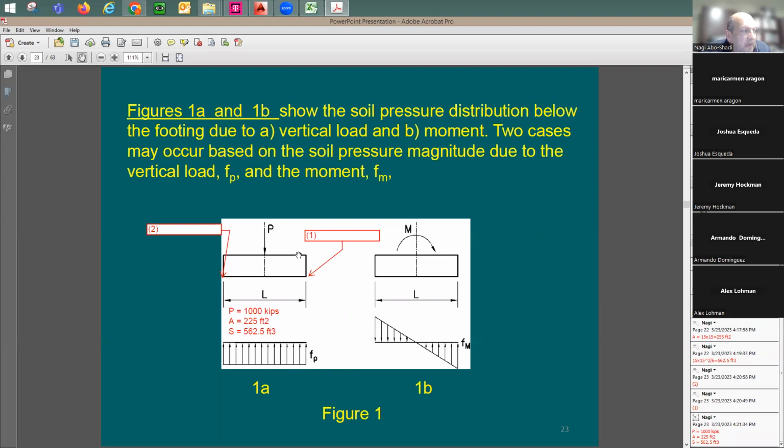Now, at both of these two points, the pressure coming from this vertical load is going to be equal to P divided by 225. So it's going to be equal to 1,000 divided by 225. Can someone help me with that?